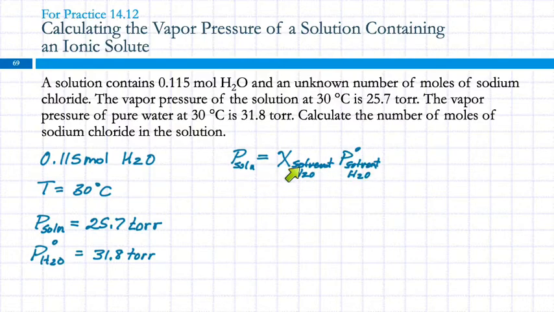So we could solve for the mole fraction of water. The mole fraction of water is going to equal the vapor pressure of the solution divided by the vapor pressure of pure water.